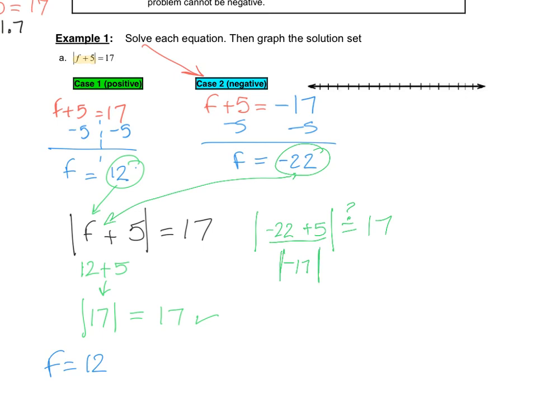The absolute value of -17, does that give me 17? Yes, it does. So I know that not only 12, but -22 are my solutions. And again, the reason these are the two solutions is because there are two numbers that when you plug them in here and take the absolute value of them, you get 17.